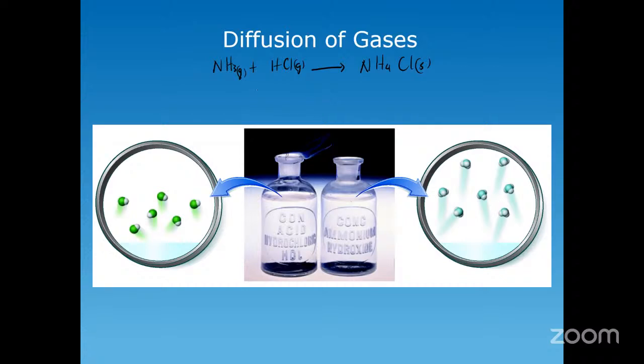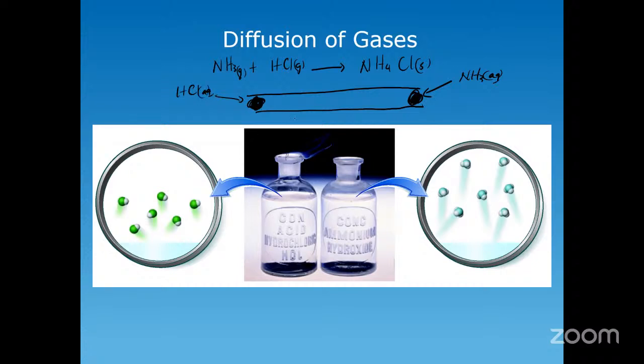I remember when I was in high school, my teacher at the time did a little simple experiment where he had a tube, and plugged at each end of the tube are 2 pieces of cotton. This one is soaked with aqueous ammonia, and this will be soaked with aqueous HCl.